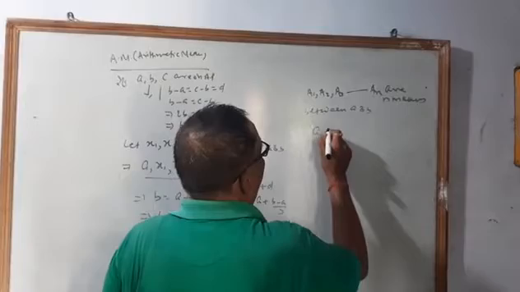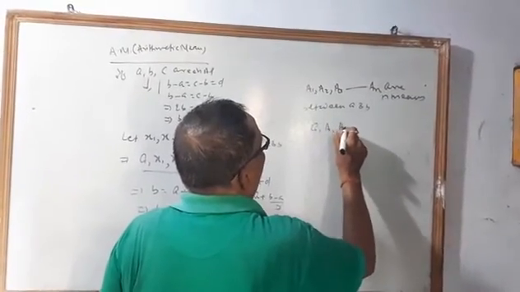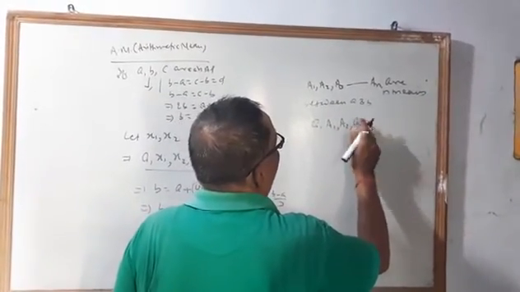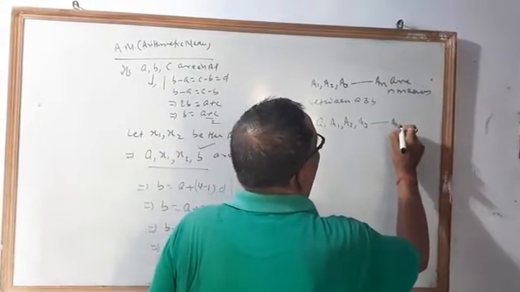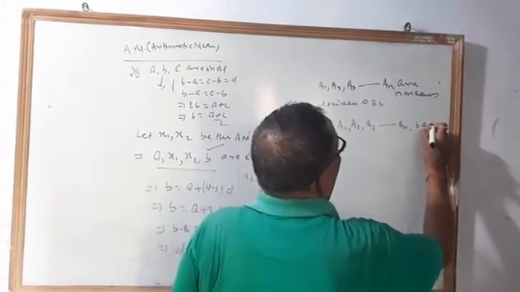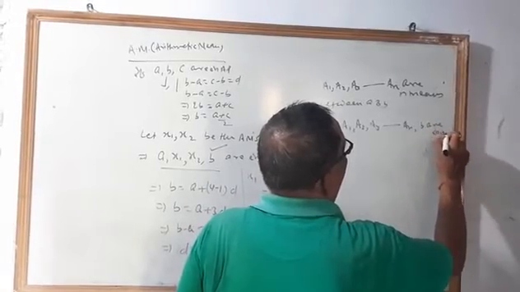Therefore a, a1, a2, a3, ..., an and b are in AP.